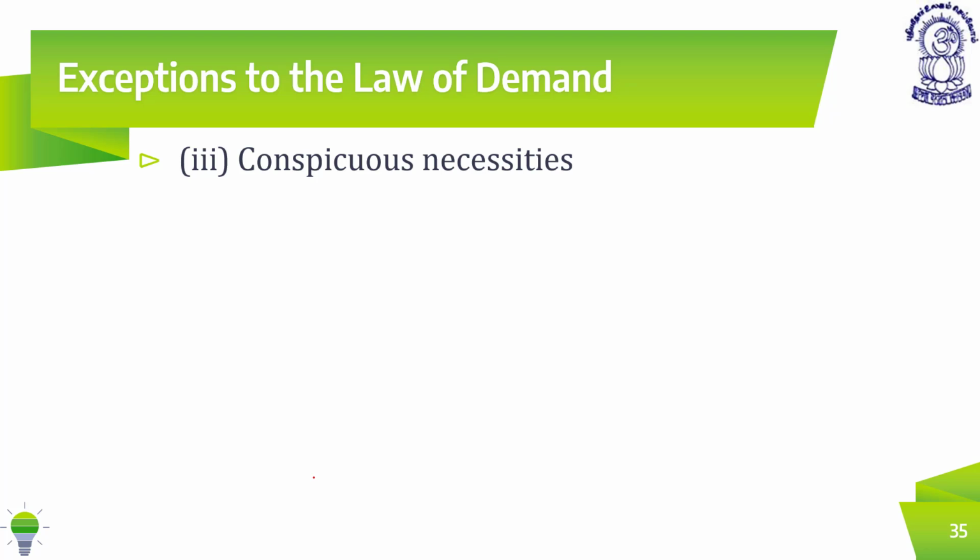Let's see the third point, and that is conspicuous necessities. So what happens? Many a times we are using certain products, it is not a necessity, but because we are using those products for a long period of time, they become a part of our daily life, and we want that product. Now there is no necessity, it is a need. We need that product. So if the price of those products is rising, still we are buying it.